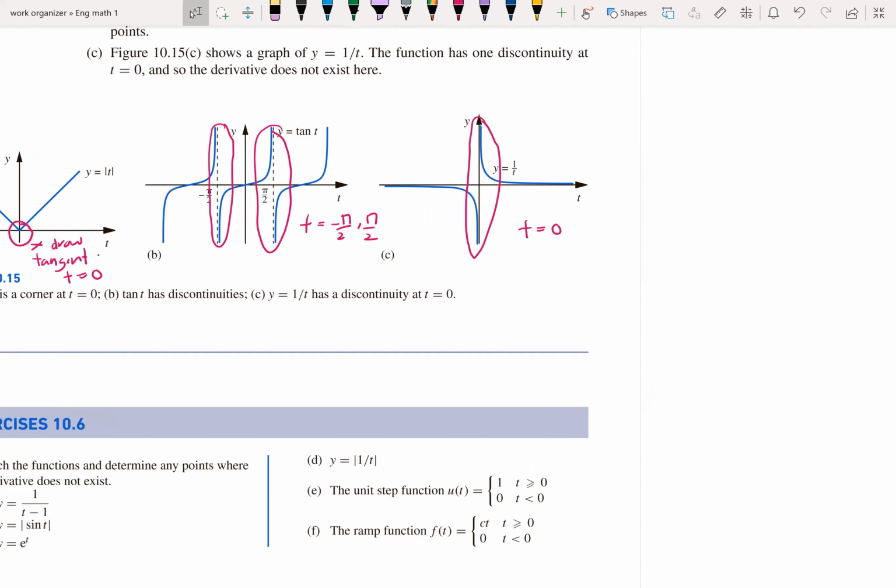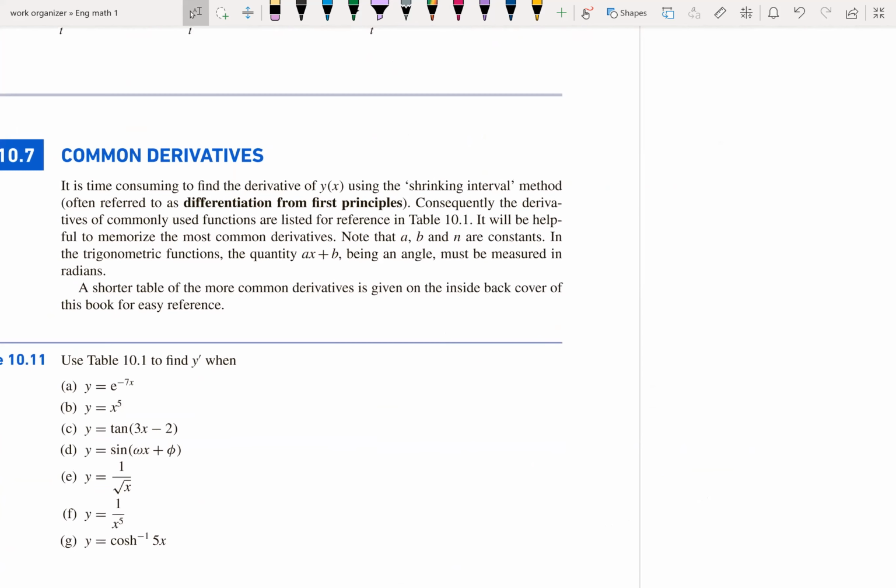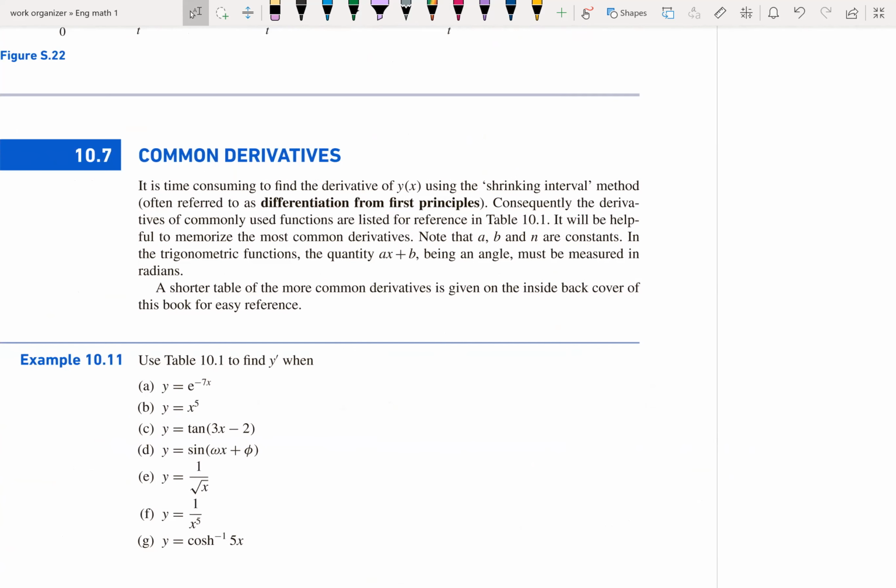And then common derivatives. Actually that is the origin of differentiation. The rate of change comes from the tangent at that particular point of the function. In the original concept, we use the shrinking interval, a smaller interval, to get the accurate rate of change.